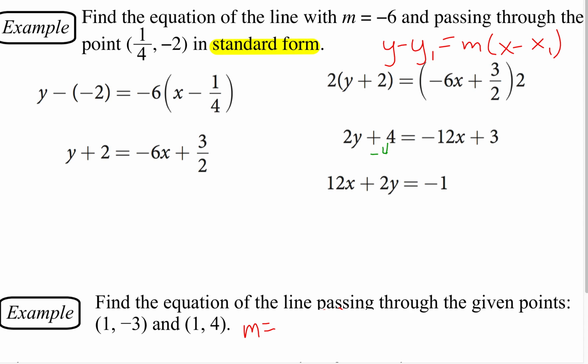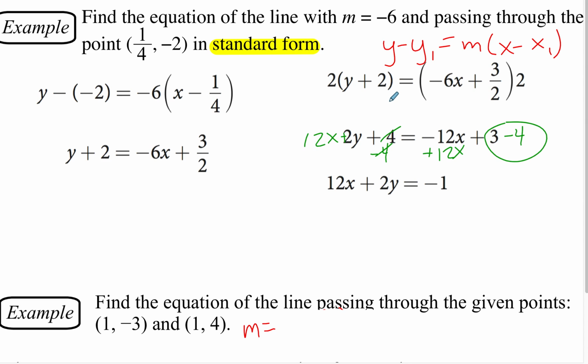I went -4 on both sides, and then I added my 12x, right? Plus 12x and plus 12x. So that's where all of that went. The 4's canceled. 3 minus 4 is the -1. And so we have 12x plus 2y equals -1. So that is now in standard form. Ax plus By equals C.